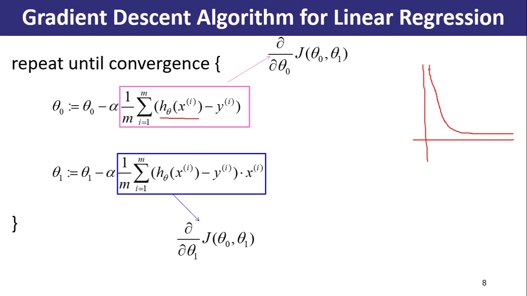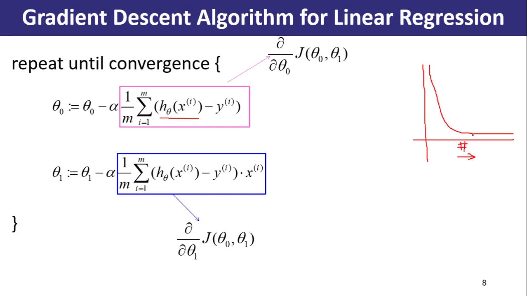Initially my cost would be high, and as the number of iterations increases, I update my theta 0 and theta 1 values and my cost function goes on decreasing. Whenever I reach convergence, the difference in the cost of the earlier iteration and the next iteration is negligible.